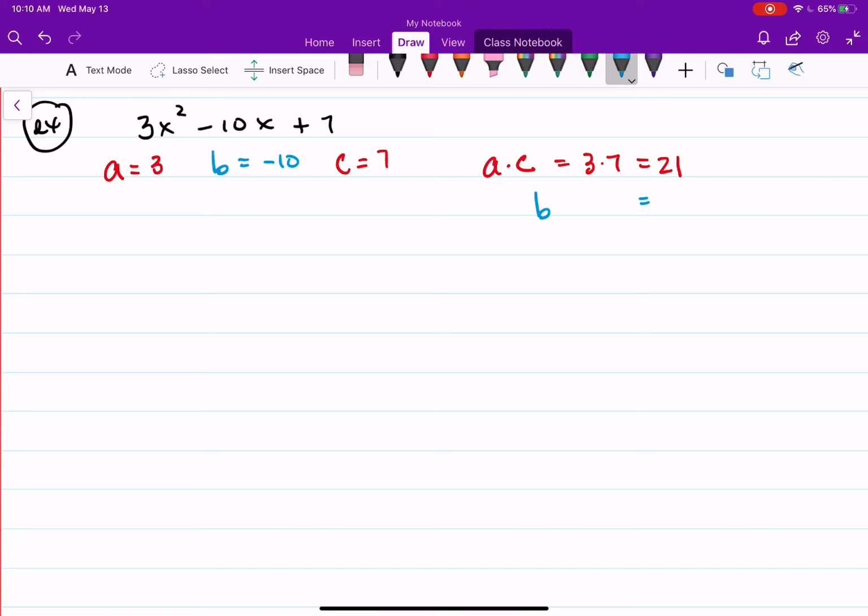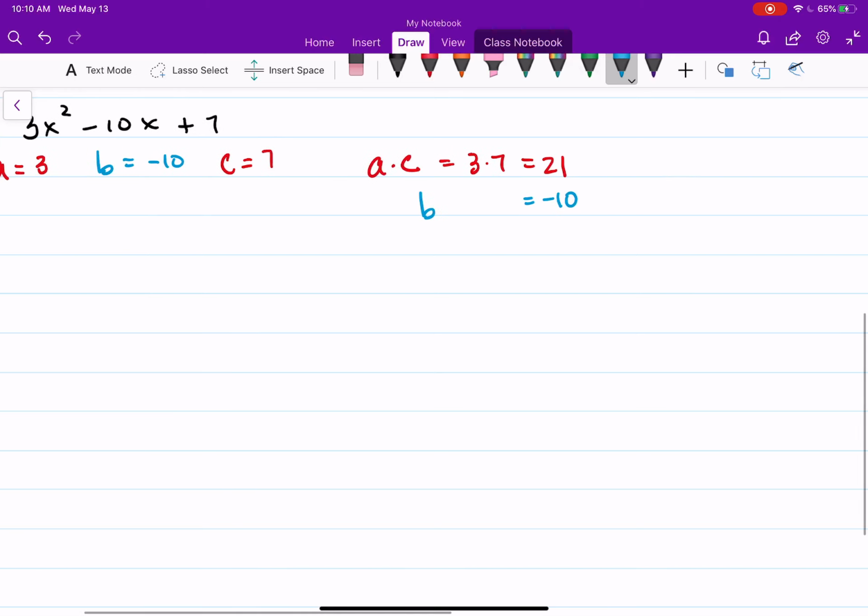B is equal to negative 10. So I'm trying to find two numbers that multiply together to give you 21, but add together to give you negative 10.